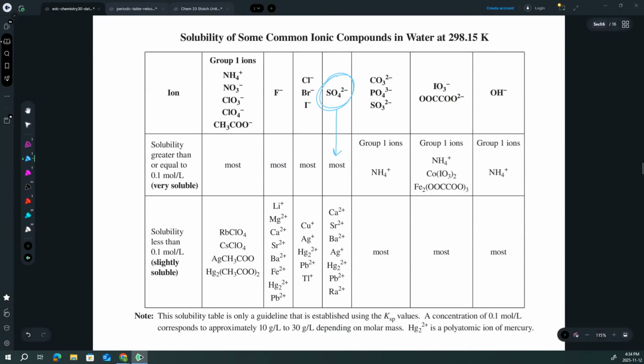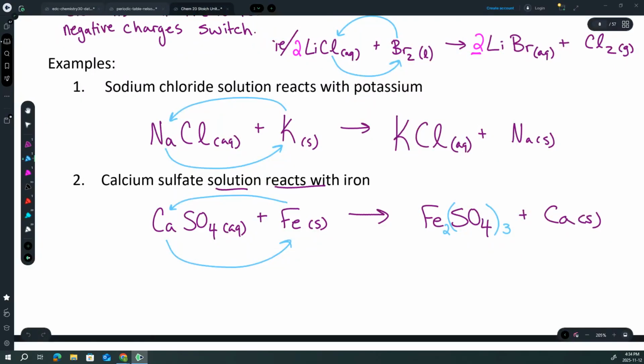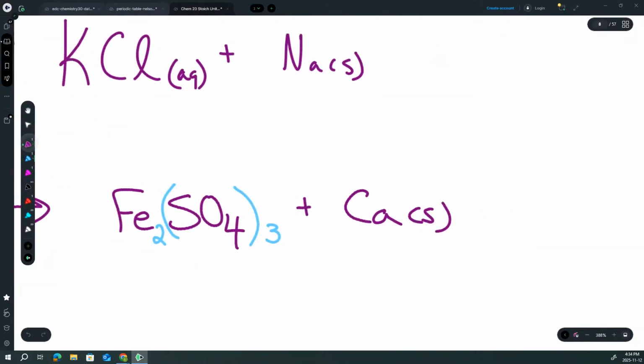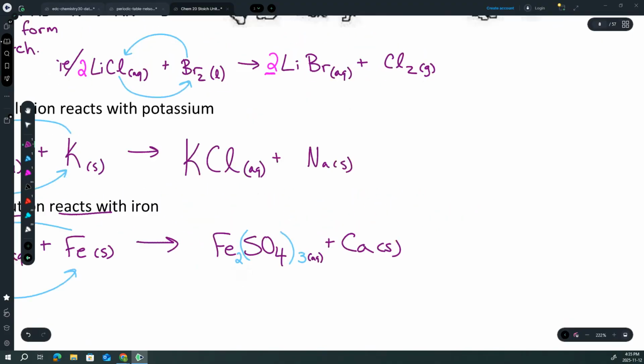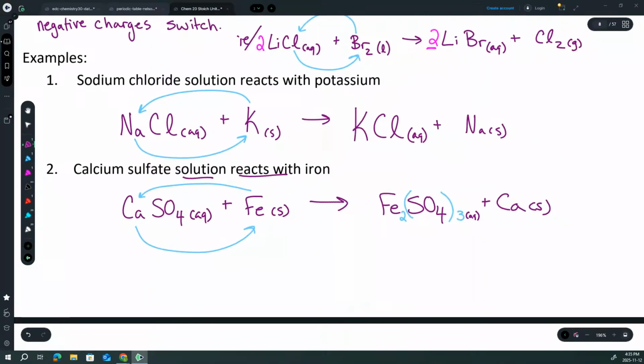Most things are soluble, but let's just make sure iron 3 plus isn't in our list of exceptions. Okay, I'm not seeing iron, so it is soluble. So I'm going to write this AQ. Maybe I'm going to move over this plus sign. There we go. All right. So we have our skeleton equation.